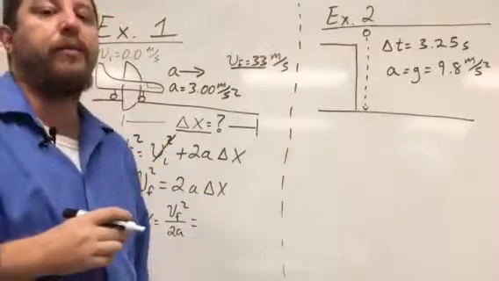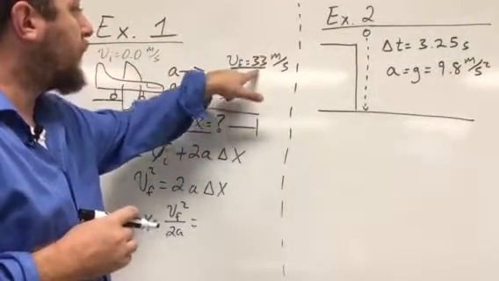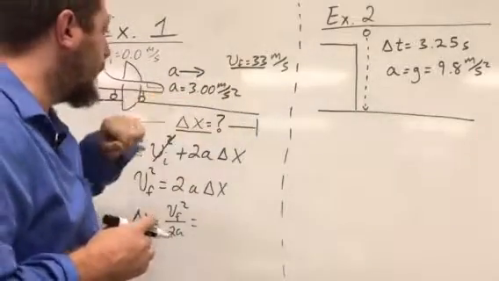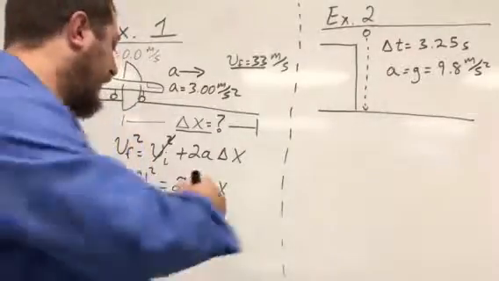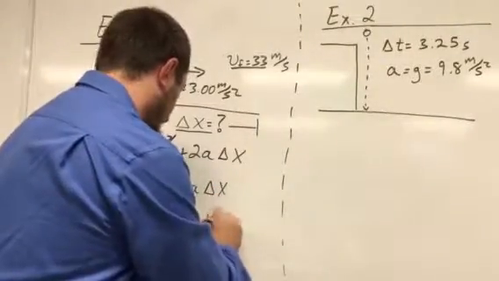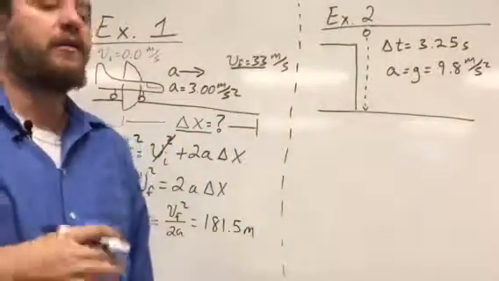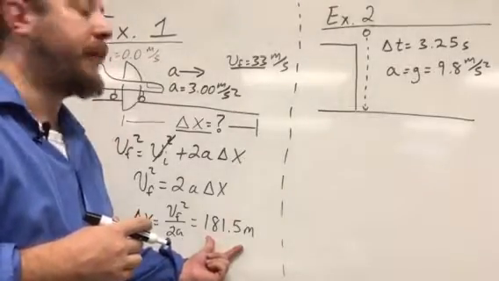And at this point, you can plug things into your calculator. If I square 33 meters per second and divide by 2 times 3 meters per second squared, my final result should be 181.5 meters.